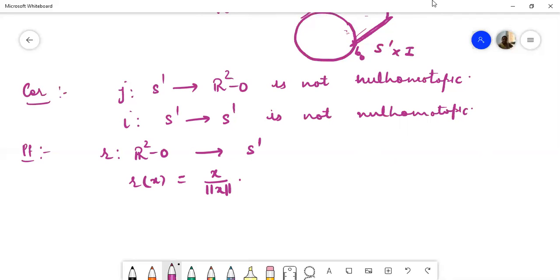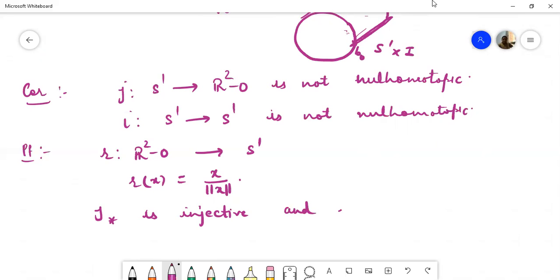So this will be a retraction mapping of R2 minus 0 onto S1. And we have proved earlier that whenever j is an inclusion map and r is a retraction map, then j star is injective. J star is injective. And an injective map cannot be trivial.